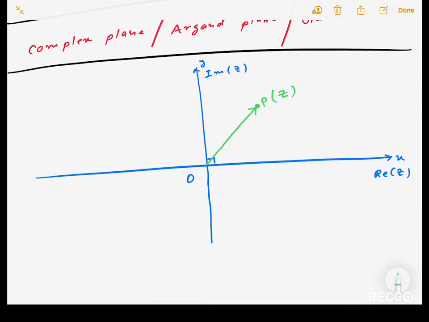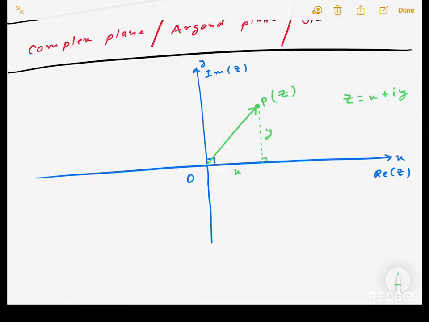So the concept is that every complex number can be represented by a vector, or in fact the position vector of a point in the complex plane. The position vector is the same as the affix. The affix of a point is the same as the coordinates of a point in the Cartesian plane, or the position vector of a point in the plane.